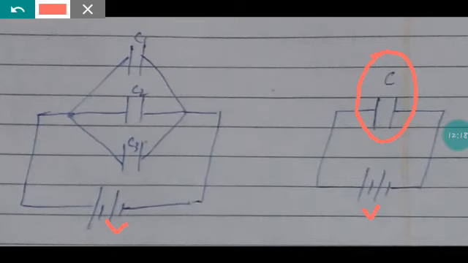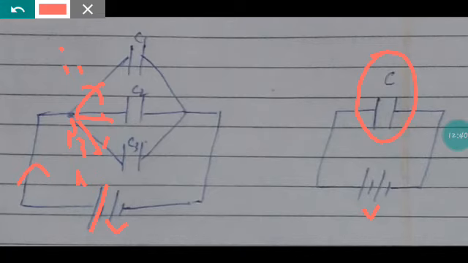So what will we see? The current will flow through the positive terminal and it will divide into three ways. Suppose the first one is I1, the second one is I2, the third one is I3.